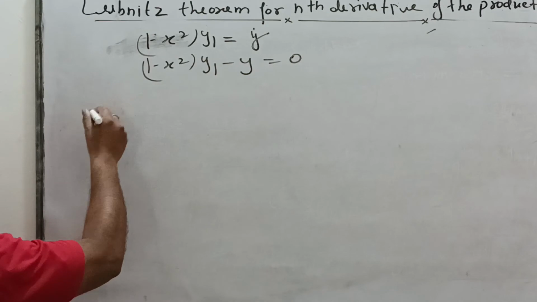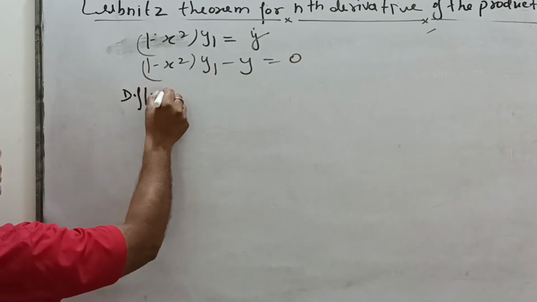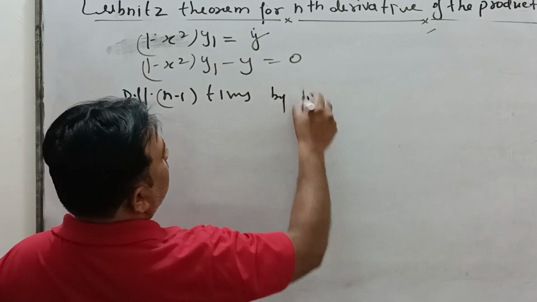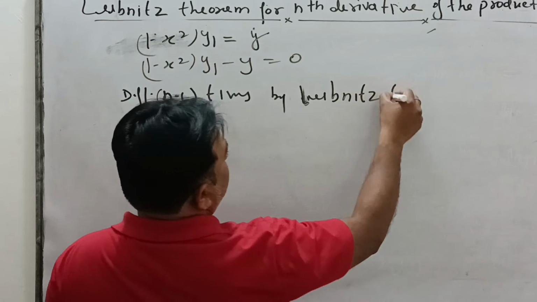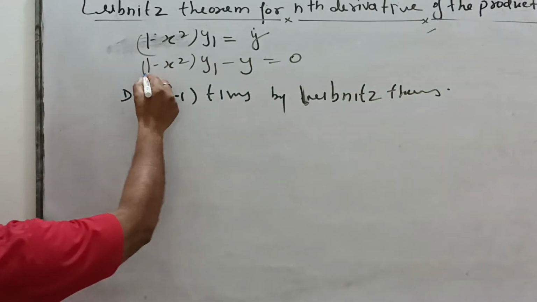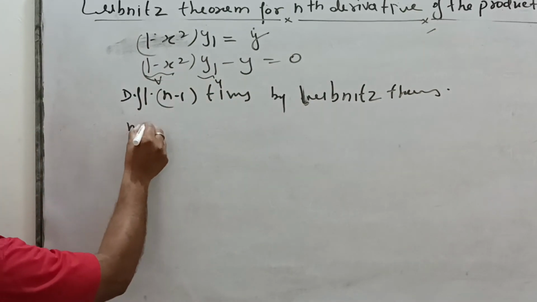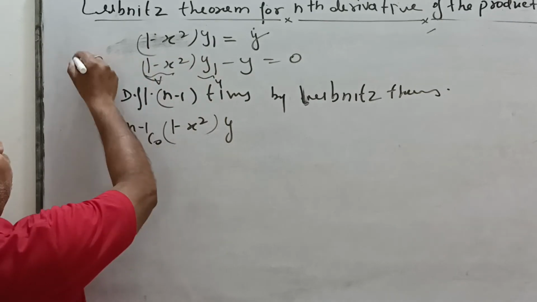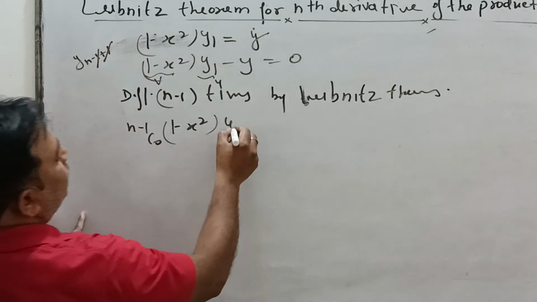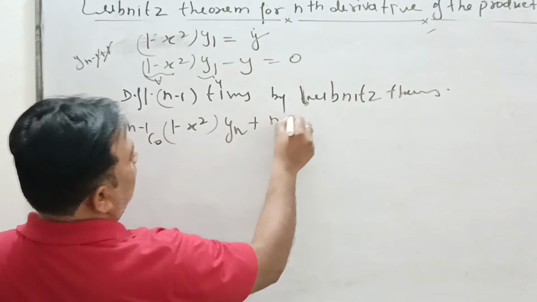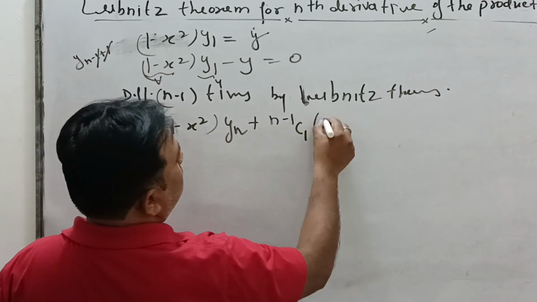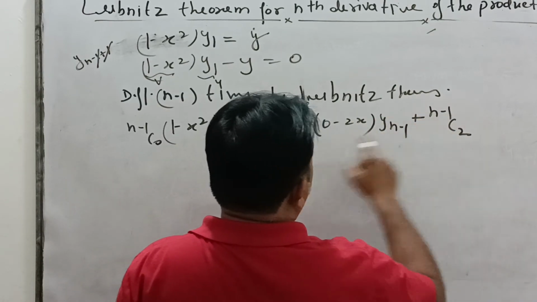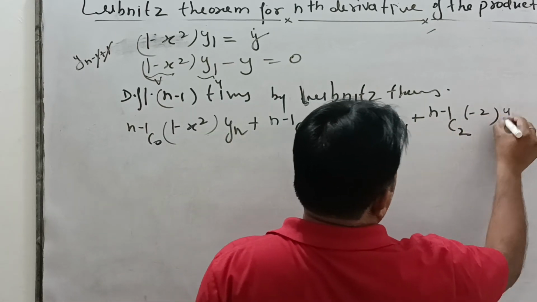Now differentiating n minus 1 times, by the Leibniz theorem, this is the v function and this is u. We get n minus 1 c0 (1 minus x square) y n minus 1 plus 1, which is yn, plus n minus 1 c1 times the differentiation of this function, minus 2x, times y n minus 1, plus n minus 1 c2, again differentiating, minus 2, times y n minus 2.